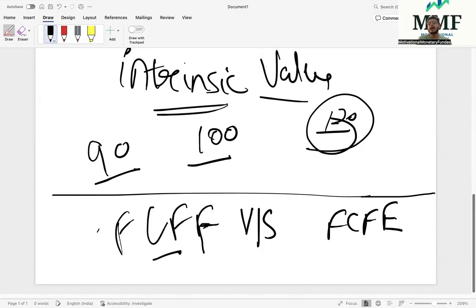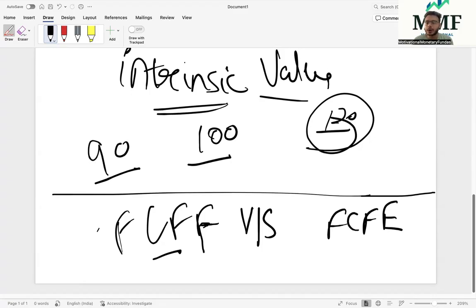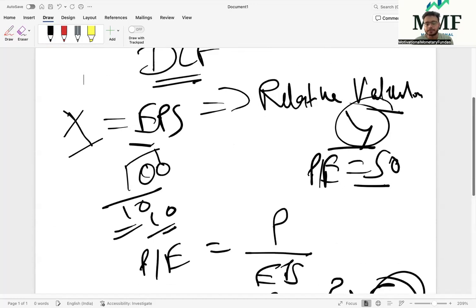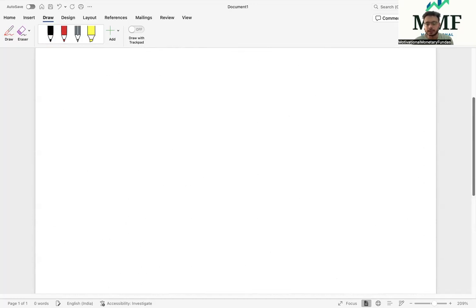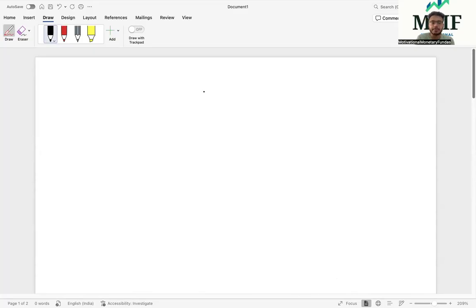FCFF is free cash flow to the firm, and FCFE is free cash flow to equity. ओके, इन दोनों के बारे में बात करते हैं. Because you'll be using these cash flows, you'll be calculating these cash flows to ascertain the future value of a company, right? ये चीजें आप करोगे.